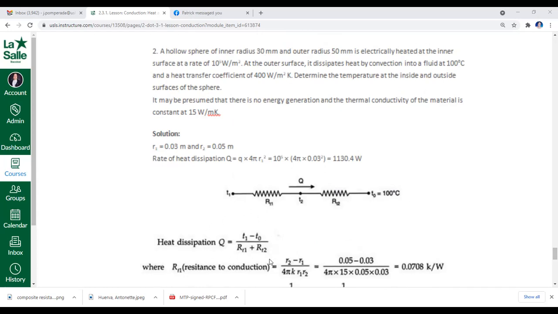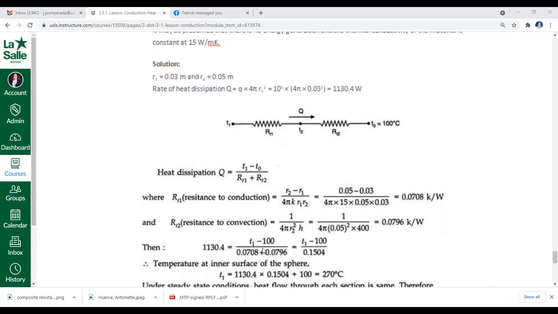And notice that now we account for two resistances. The resistances that we are accounting for are the conductive heat transfer resistance, which was already discussed to you, and that will take into account the inner and the outer radius of the sphere. Just a few minutes ago, I gave you the formula, and this is the resistance for that.